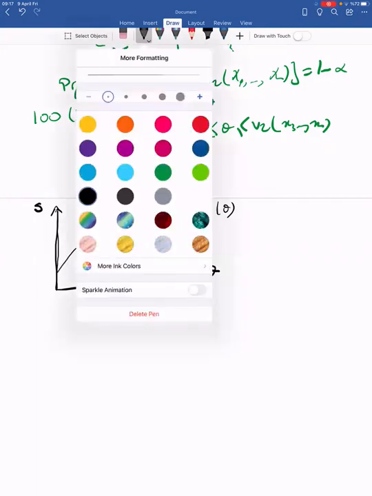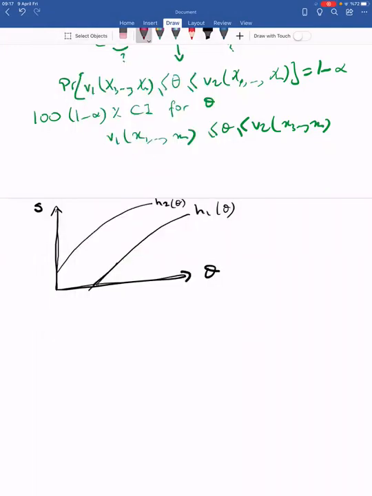Let's say for a specific value of theta, our theta is this value. We want to find an interval for this theta value.